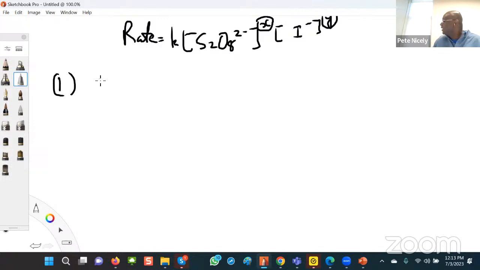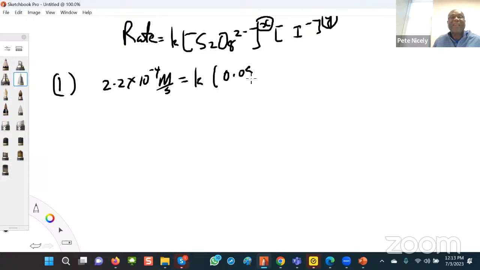According to experiment 1 in the data table, the rate is equal to 2.2 times 10 to the minus 4 m over s, and that is equal to K times the concentration of the persulfate, which according to the table is 0.08 m raised to the X, times the concentration of I-, which is 0.034 m raised to the Y. That's for experiment 1.